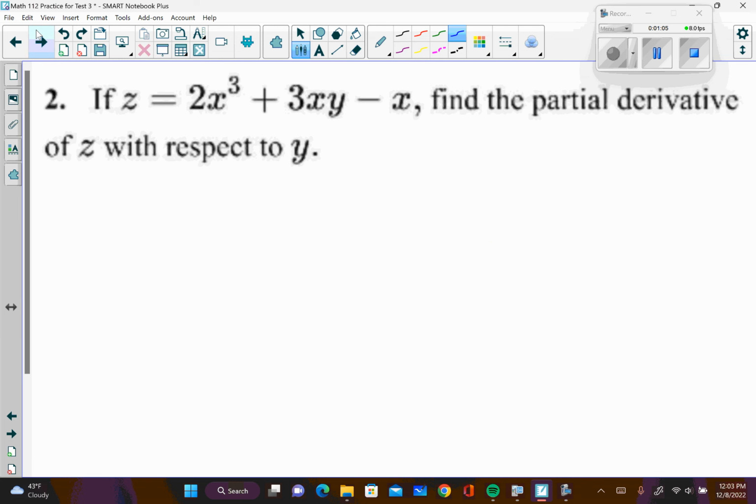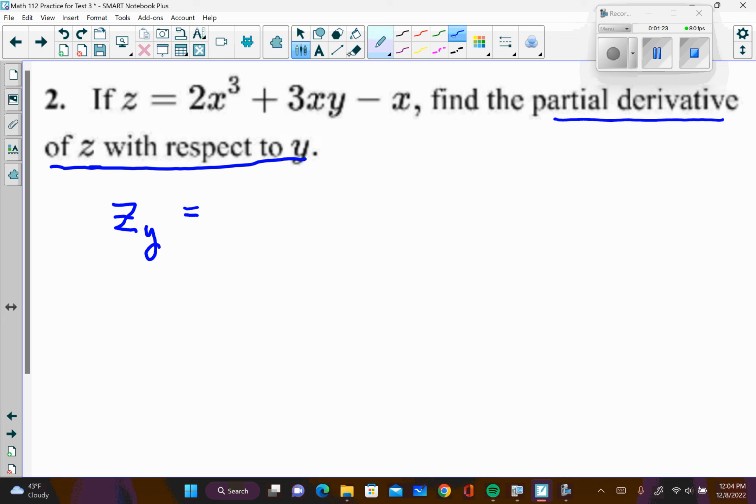To find the partial derivative of z with respect to y, we treat x as a constant. That makes the derivative of 2x cubed 0.